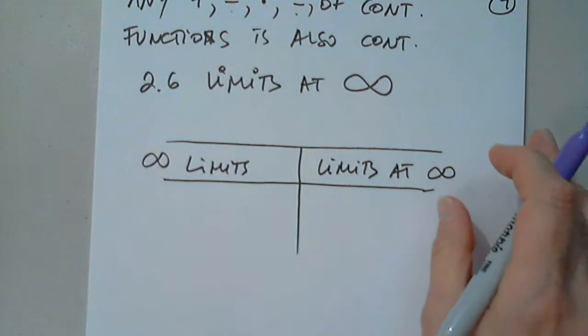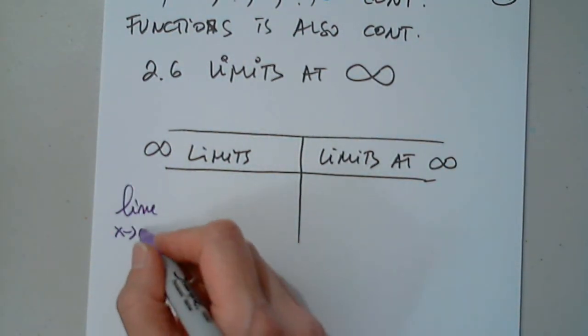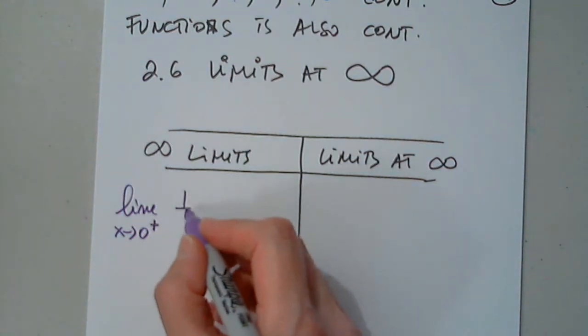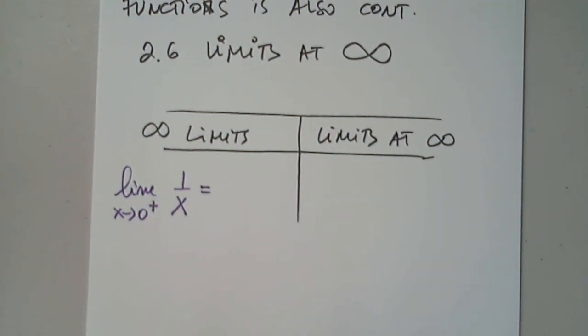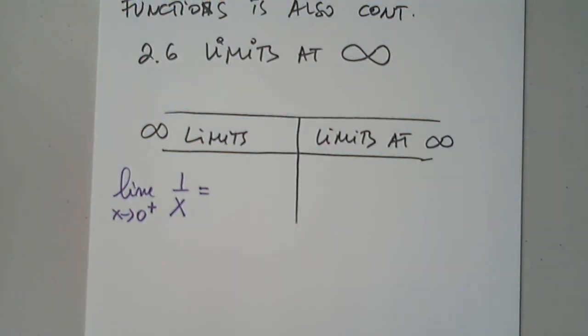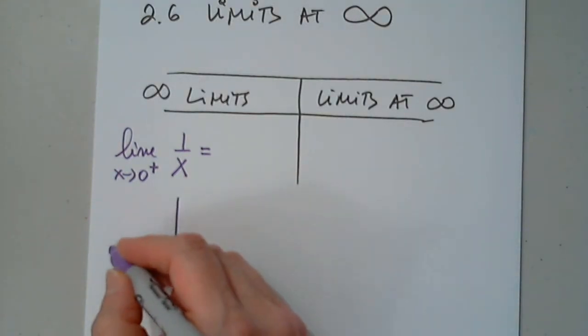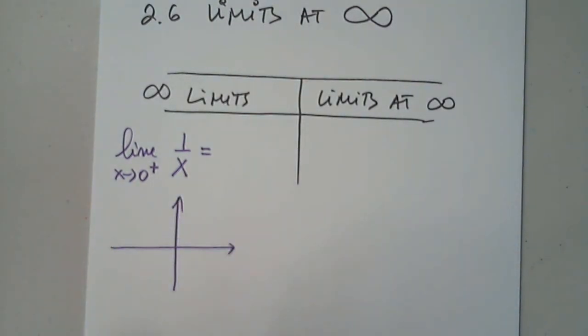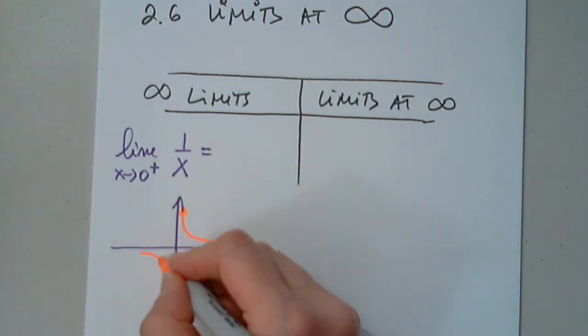Infinite limits means limit as x approaches 0 from the right of 1 over x is... Can anyone picture the graph of 1 over x and tell us the answer? I'm really hoping that you immediately remember the graph of 1 over x. Forever.